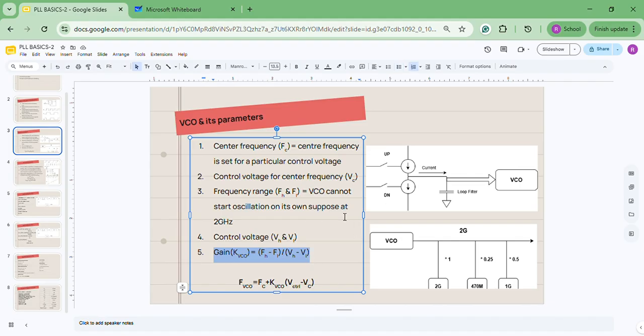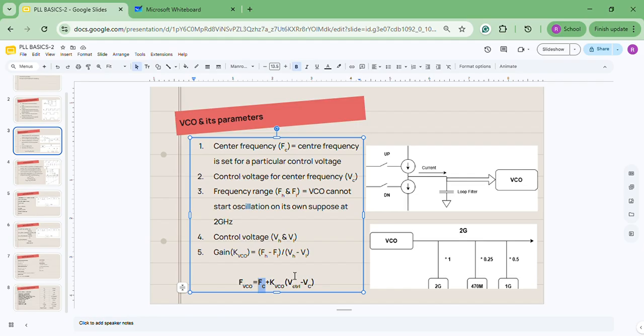Again, what will be our desired KVCO? FVCO means the output frequency of the VCO. We can convert this equation into this equation, where FVCO will be the VCO frequency, and FC is the DC frequency, or you can say the noise frequency.